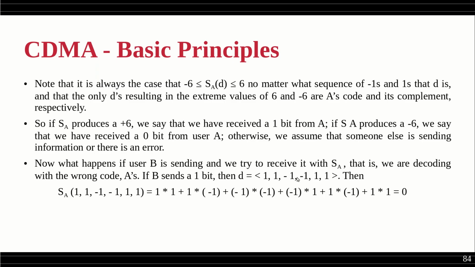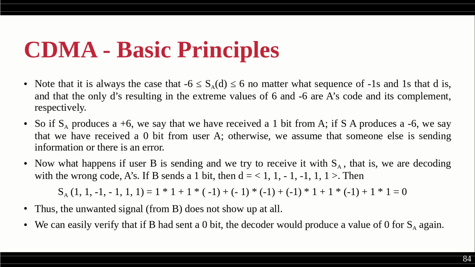As B is sending 1, it will be sent as its chipping code as it is. When it is decoded using A's chipping code, one bit is taken from this, and the other bit is taken from A's chipping code. You cross-check, and the result you obtain is 0. Similarly, the case of 0 also works like that. So the unwanted signal from B does not show up at all.